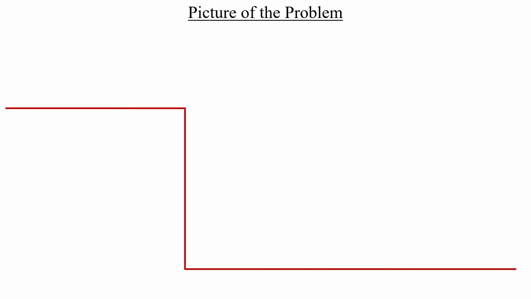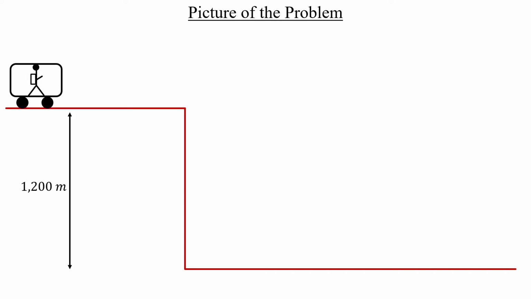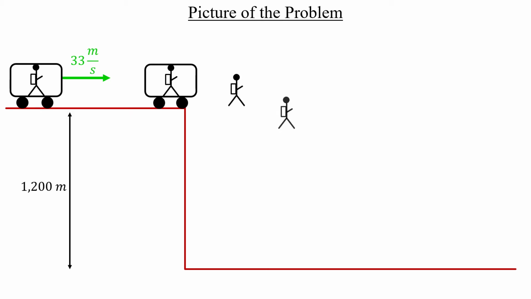We'll start off with the Martian surface. We have our cliff. It's 1,200 meters above the surface, or above ground level, whatever. And what's going on there? Well, our person is in the vehicle. They are moving at that constant value, that 33 meters per second. And then what? They get to the edge, and they step out, and free fall, and fall, and fall for 20 seconds.